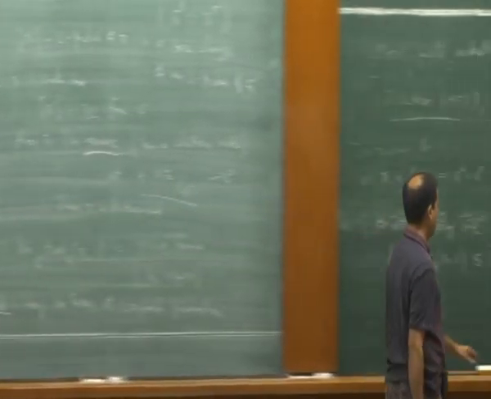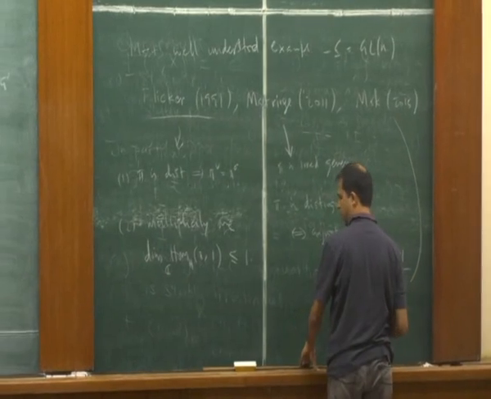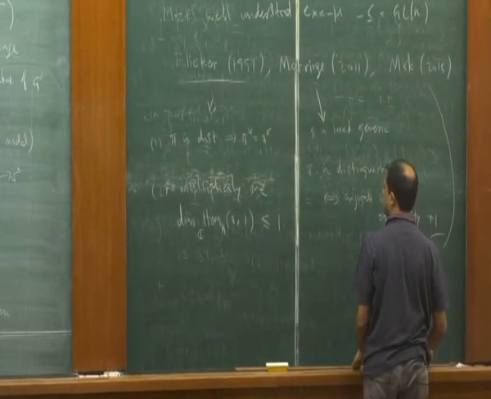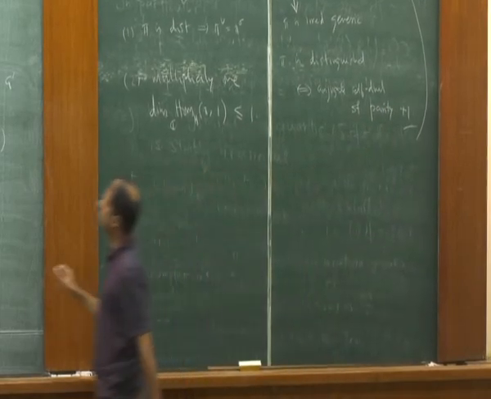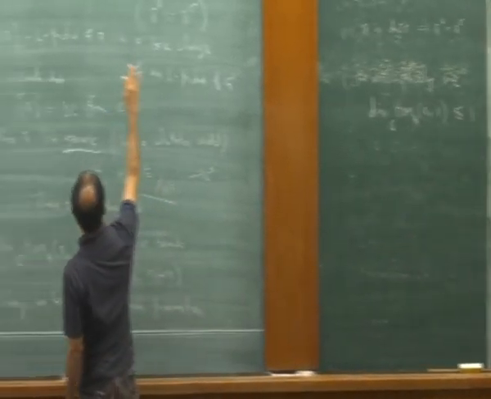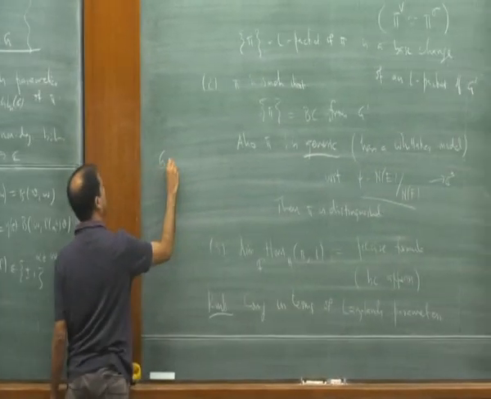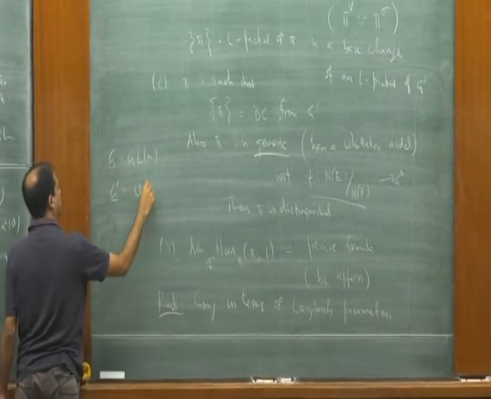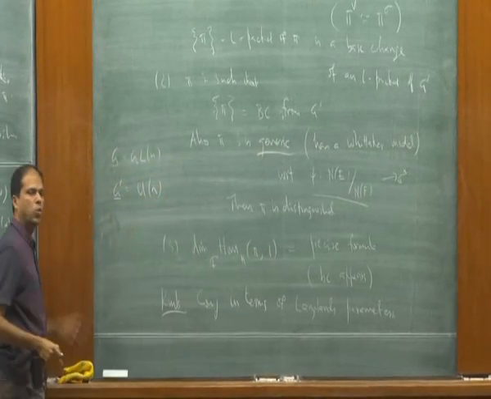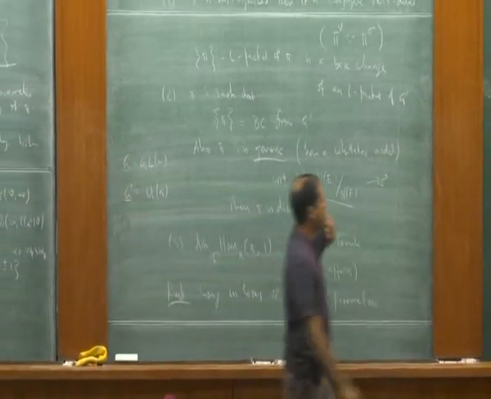And the result of Mok is about base change from UN. Maybe here itself I should have said opposition group, which I defined somewhere. The most basic picture to remember is if G is GLN, then the opposition group is UN, and if G is UN, the opposition group is GLN.